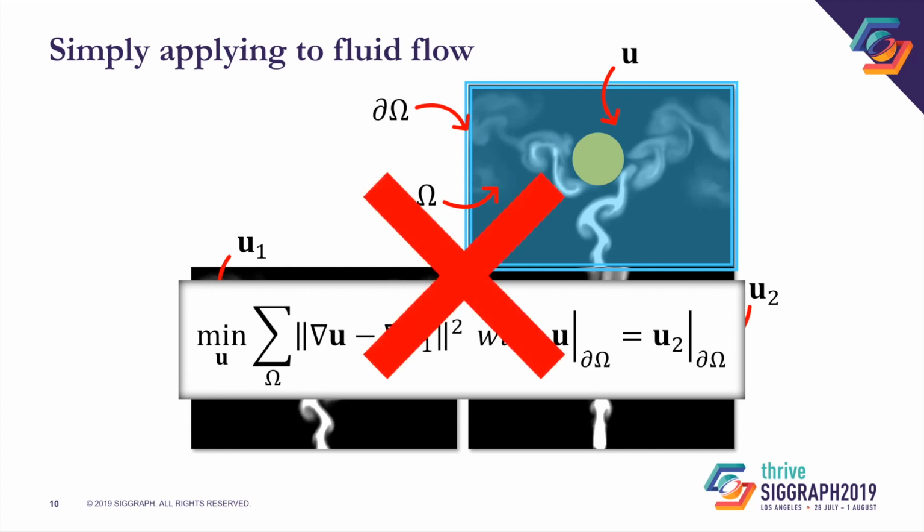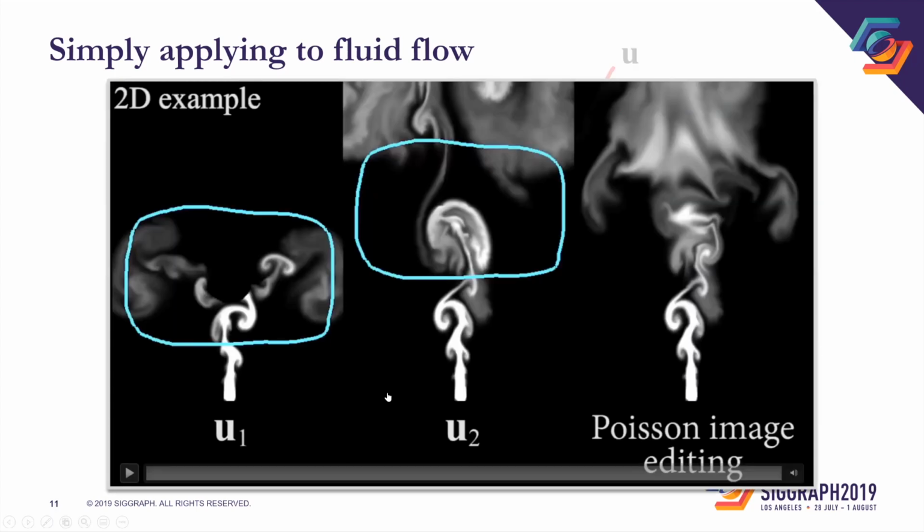Let me show you an example. In this case, we want to copy this region into this region, and although it is not displayed, there is an obstacle in this region. This is the result using Poisson image editing. Let's see the animation.